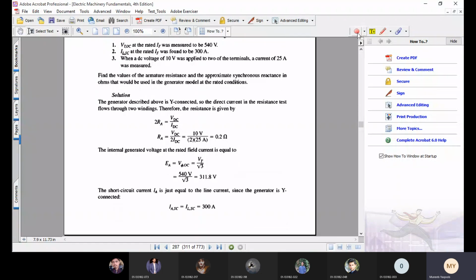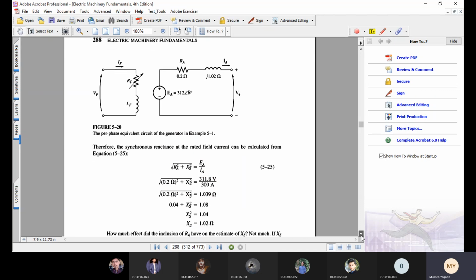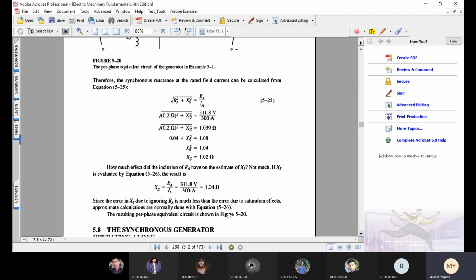Here this is EA, which, as I told you, is computed by dividing the terminal voltage by root 3, and again, as I told you, IA is just equal to IL, so it would be 300 ampere. For approximate calculation we can directly use that synchronous reactance XS is equal to EA divided by IA.